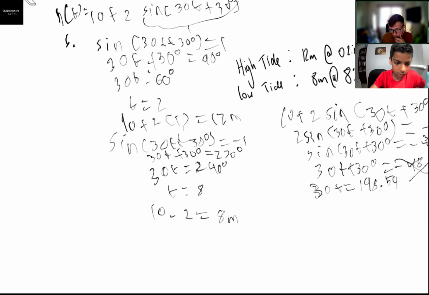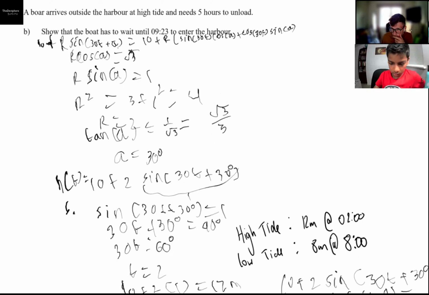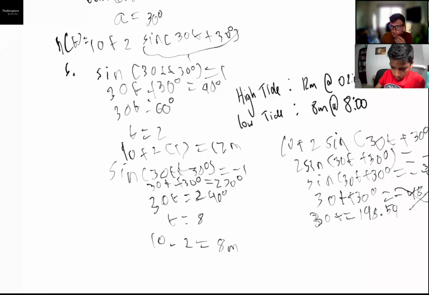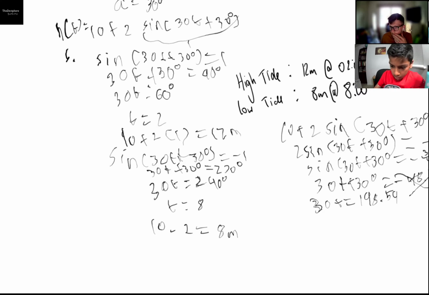We get a secondary solution as well, so maybe a good way of solving this is to find the general solutions in terms of n. 30t plus 30 degrees is the arc sine of minus 0.75, and then 180 minus that, which is 228.59 plus or minus 360n.